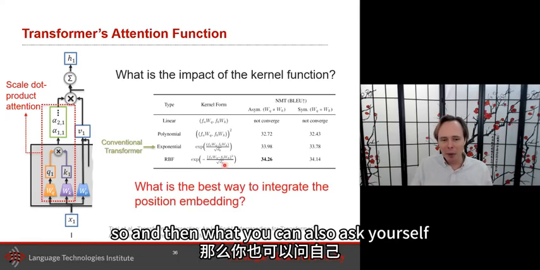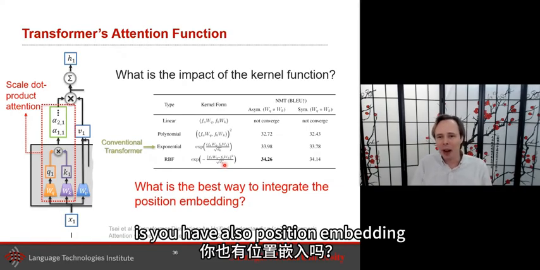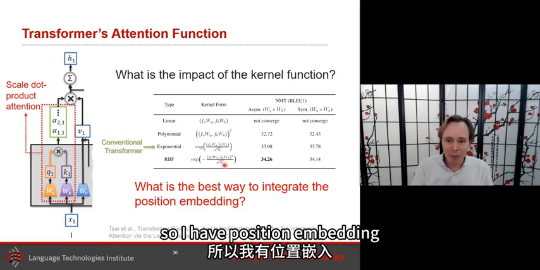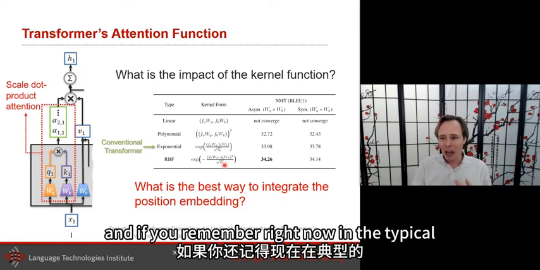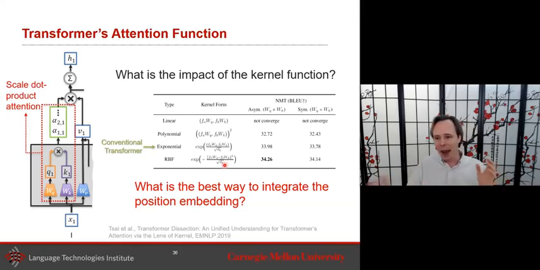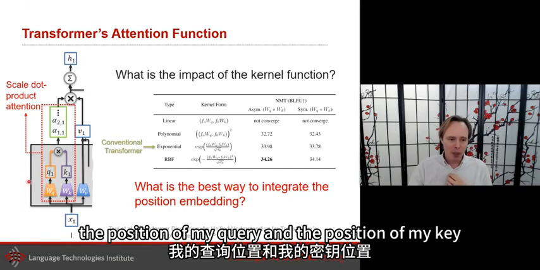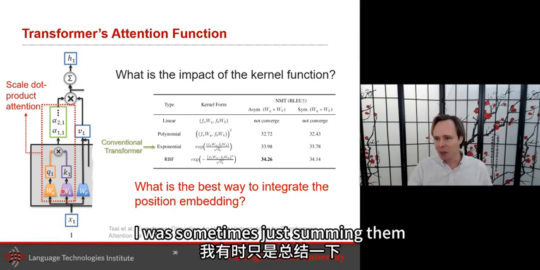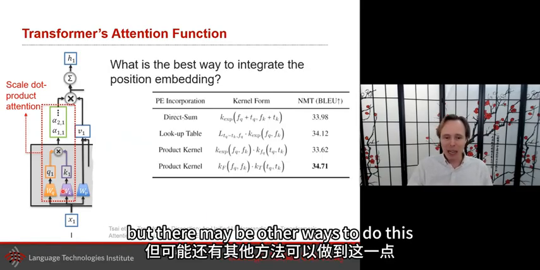And then what you can also ask yourself is, you also have position embedding. If you remember, right now in a typical transformer, how did I integrate the position of my query and the position of my key? I was sometimes just summing them, but there may be other ways to do this.